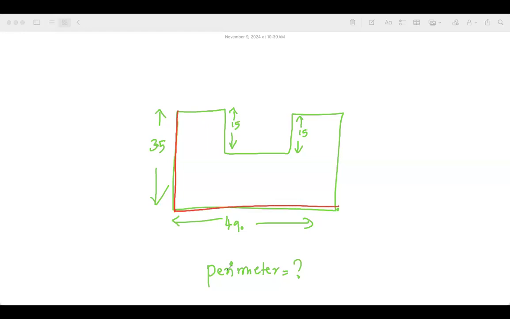I included this, which side? This means which side? Here, okay. Then here, like this one.